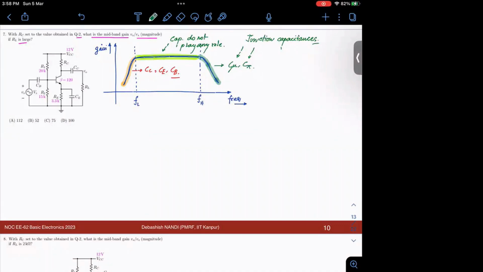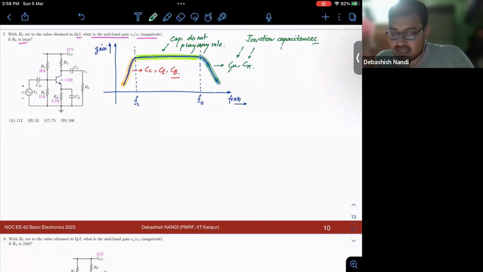Yes, you are right that it is constant. So I can say that capacitance does not play any role, but how? Why a constant? If I sweep my frequency, I have a constant gain.